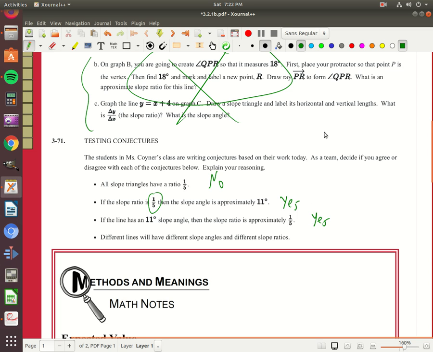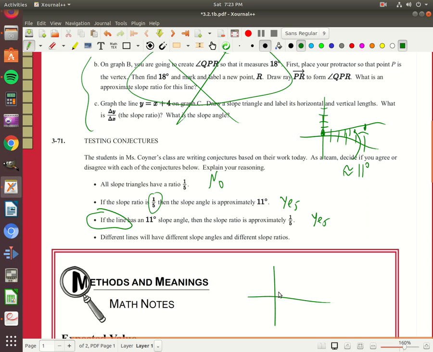So think about that. If you have a grid and you want to make approximately an 11 degree angle, you just simply need to go up 1 and over 5 and connect those dots, and you'll have roughly an 11 degree angle. I guess I should say you'll have about an 11 degree angle. It's that simple, right? So that's part of the beauty of trig, and I think this point right here drives home the whole video.